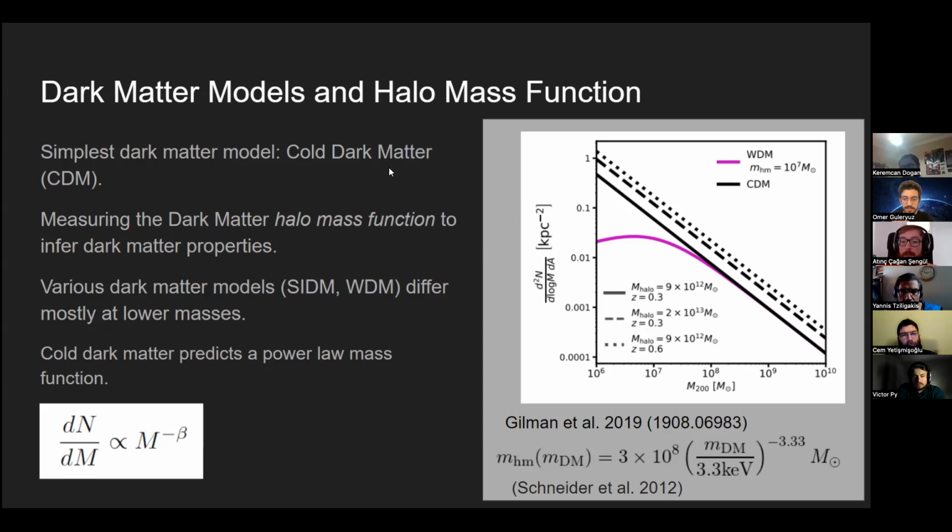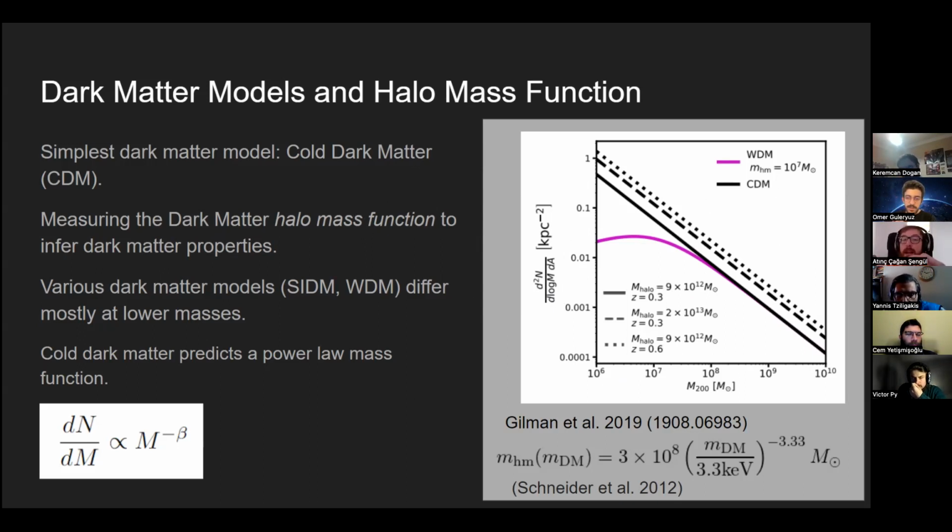So the number of halos per halo mass, per unit volume. In this case, this is per unit area in the sky that you observe, but in cosmological simulations, you consider per unit volume of the simulation. So that's what the halo mass function is. It tells you the number of objects per unit mass, per unit volume.